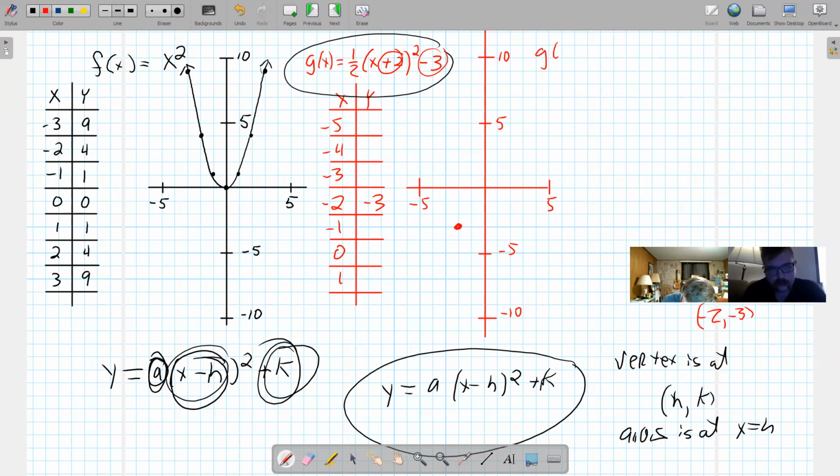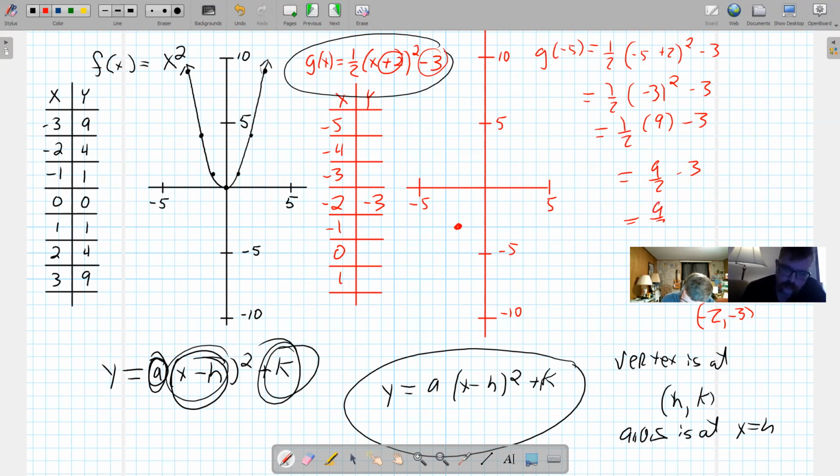So g of -5 is going to be 1/2 times -5 plus 2 the quantity squared minus 3, which is 1/2 times -3 squared minus 3, which is 1/2 times 9 minus 3, which is 9/2 minus 3, which is 9/2 minus how many halves?